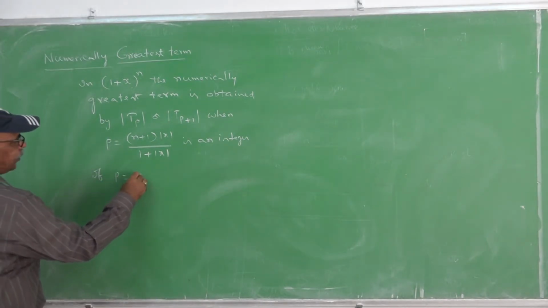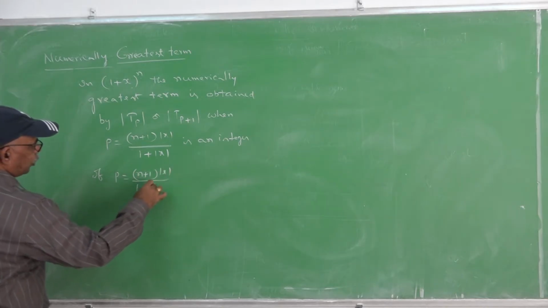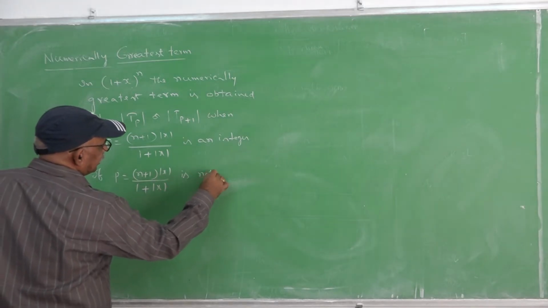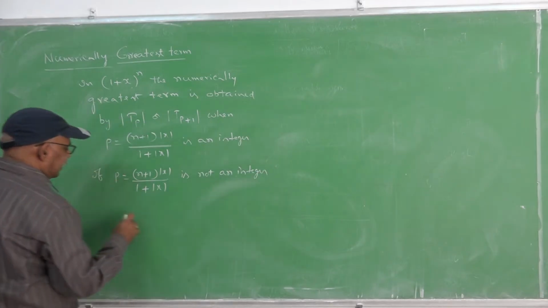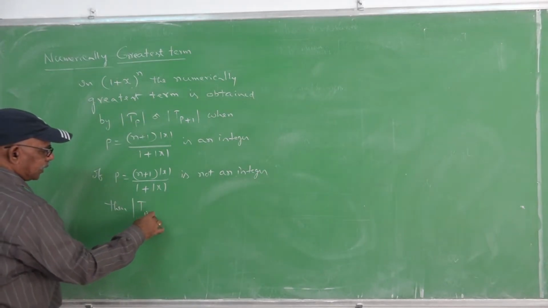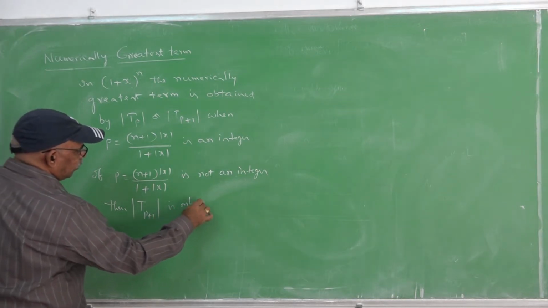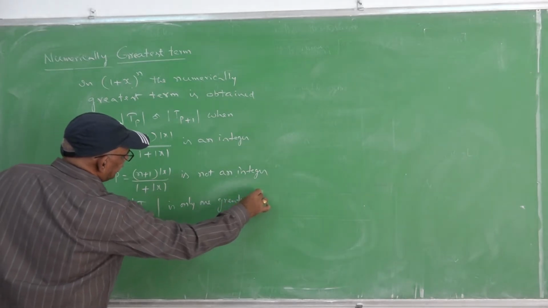If p = (n + 1)|x| / (1 + |x|) is not an integer, then |Tp+1| is the only one greatest term.